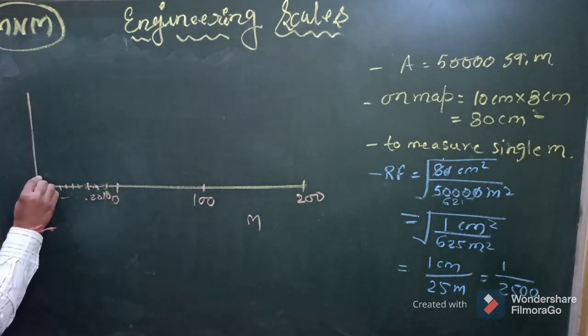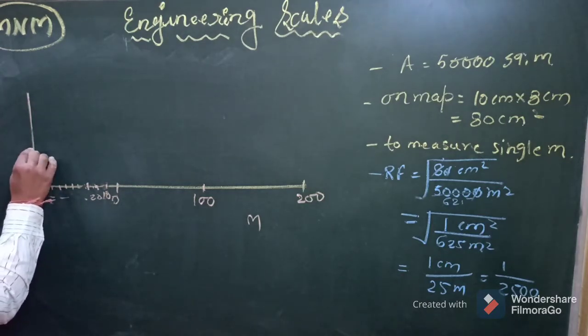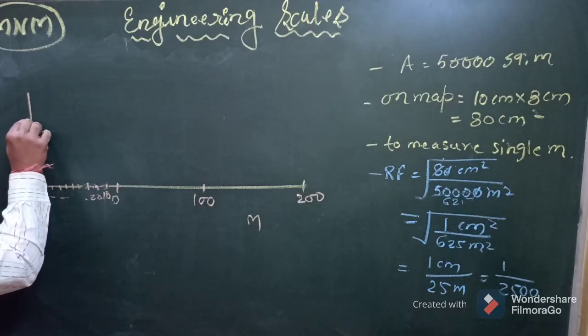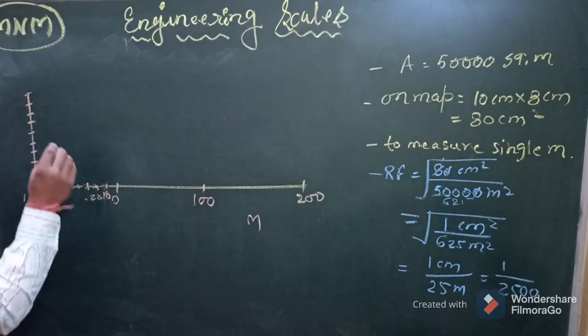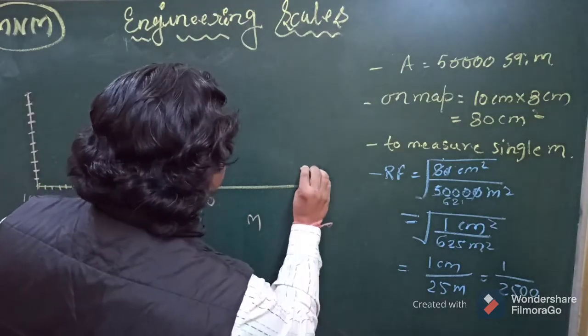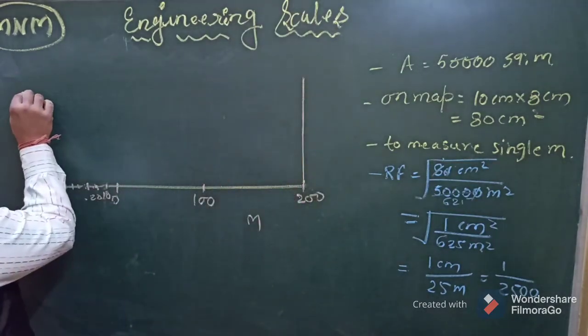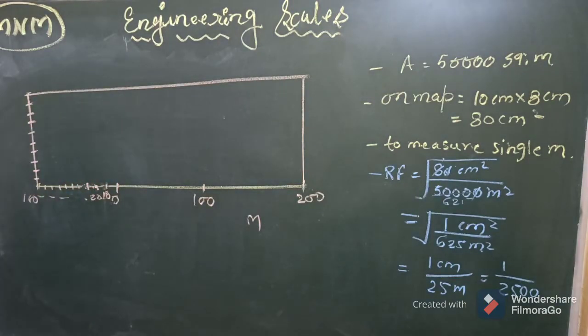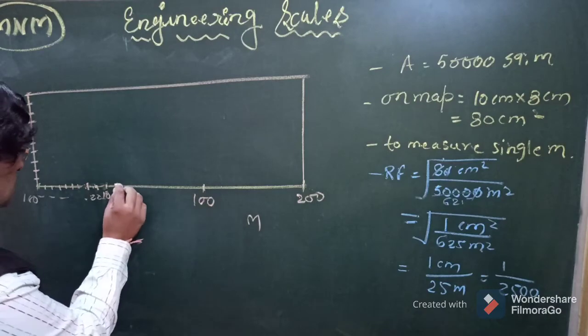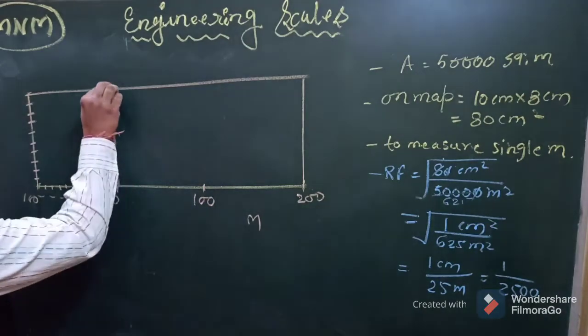Then cut 10 divisions here, 1, 2, 3, 4, 5, 6, 7, 8, 9 and 10, and from the last division complete the rectangle here. Then draw the main divisions.